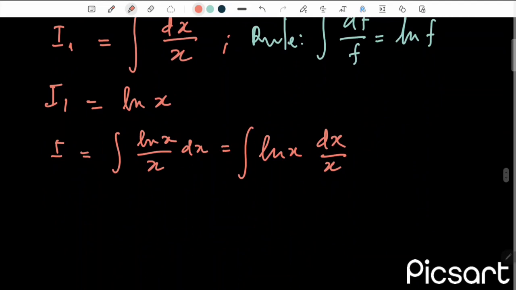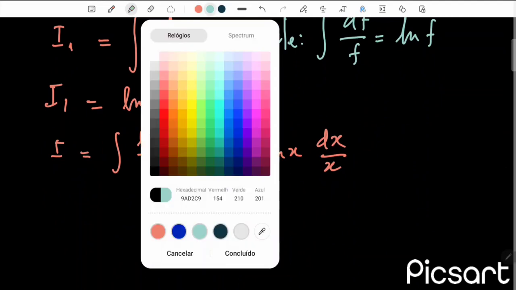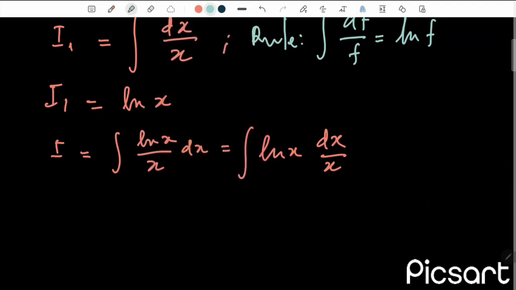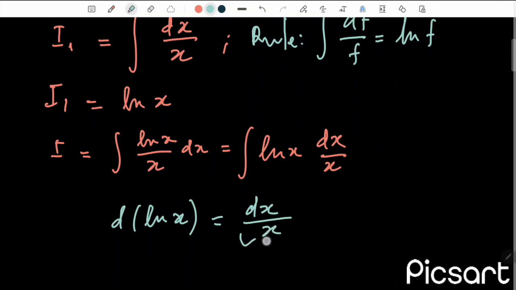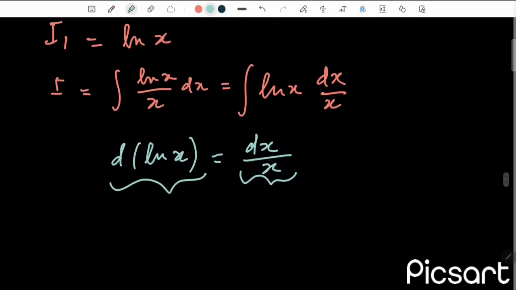If we remember the derivative of the ln function, this is d of x over x. This means that we will substitute this expression by this one, and we can solve I2.